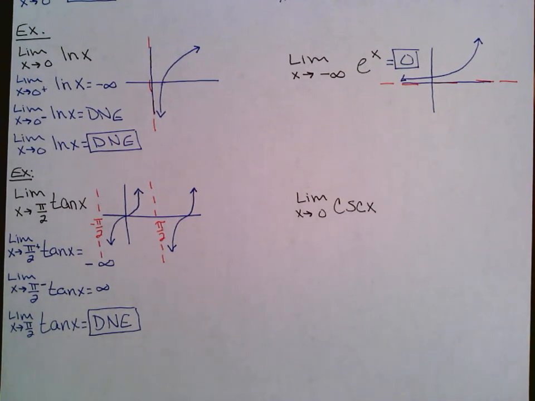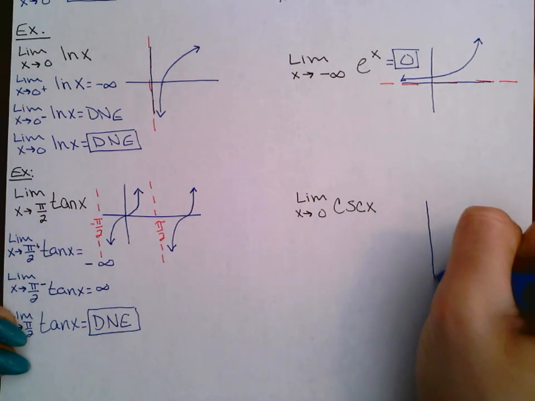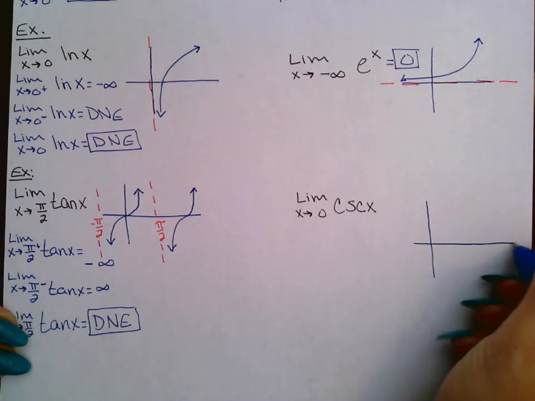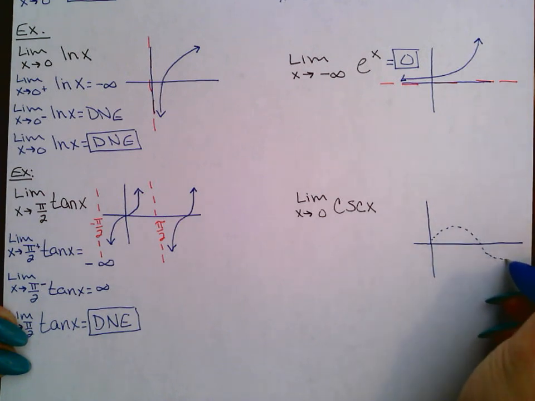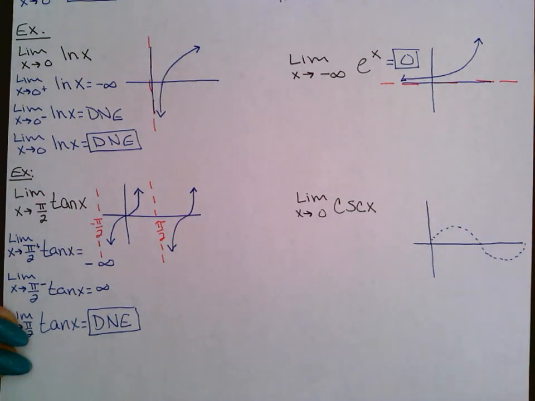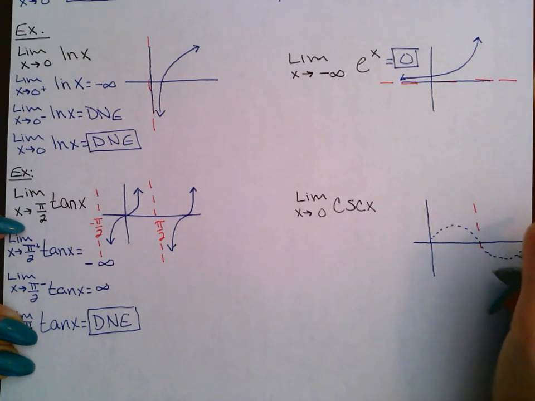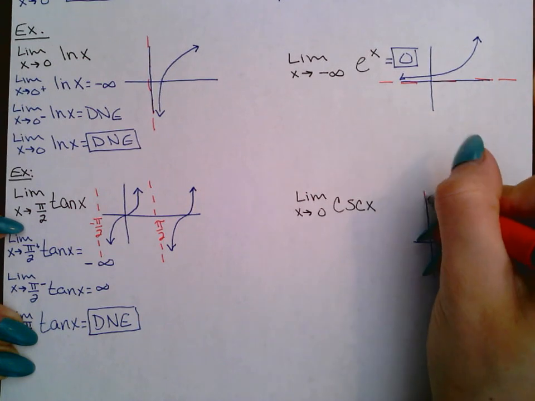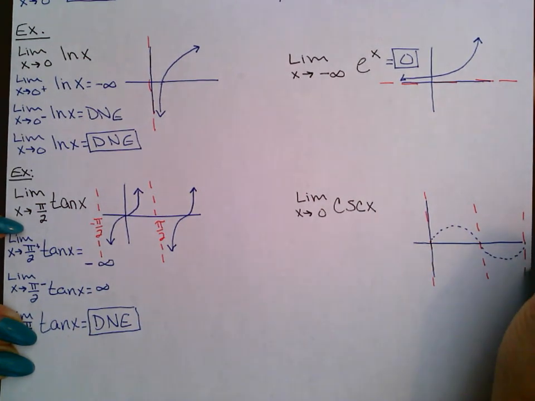So now cosecant. Cosecant is the flip-flop graph of sine, okay? So this graph, remember I would have had like a sine graph, probably having some flashbacks of when we learned this. Every time I hit the midline, I have an asymptote. Okay?